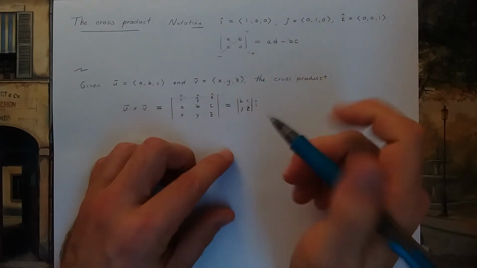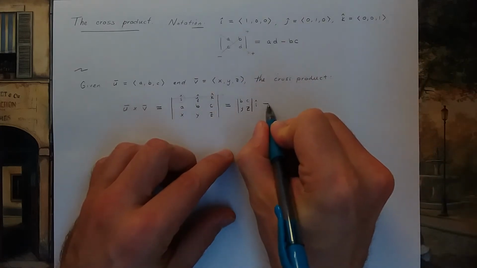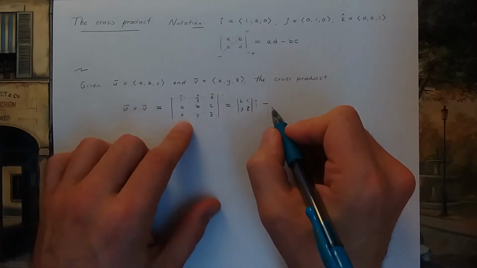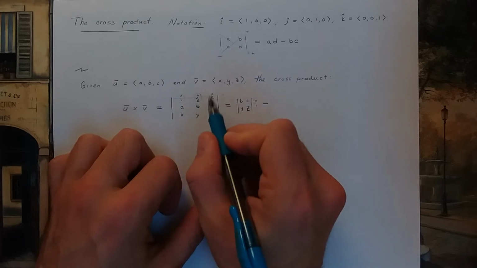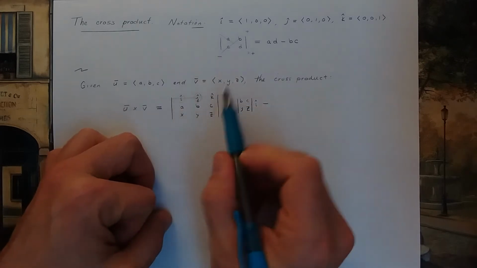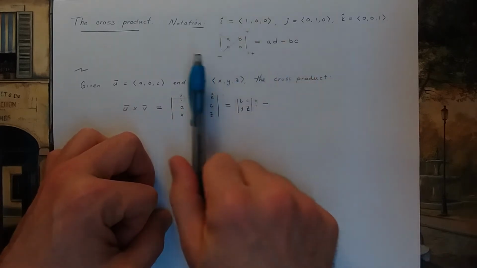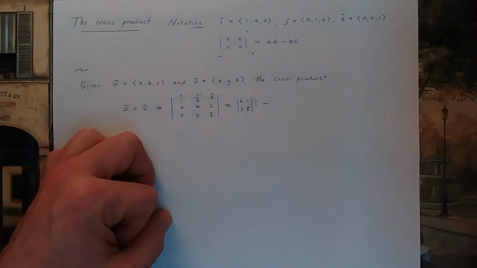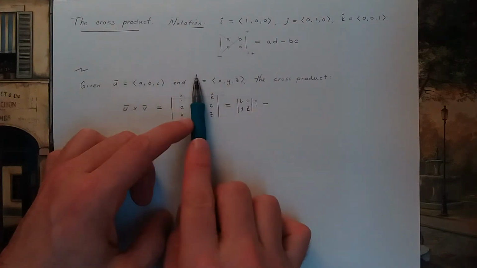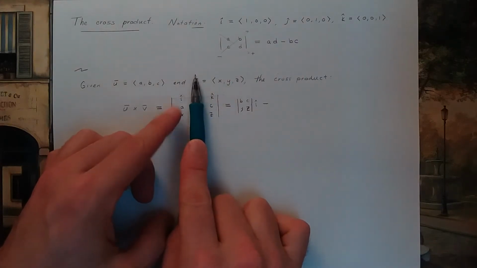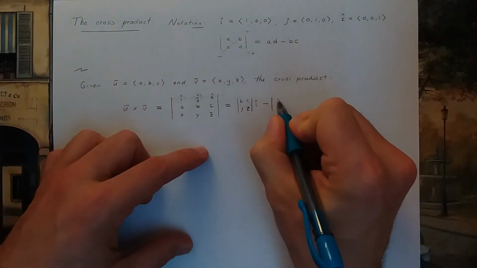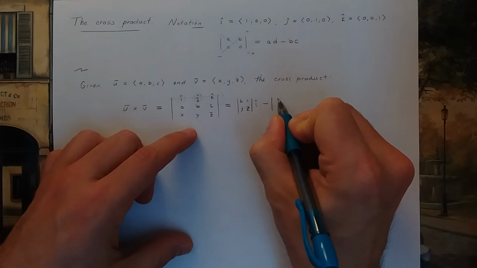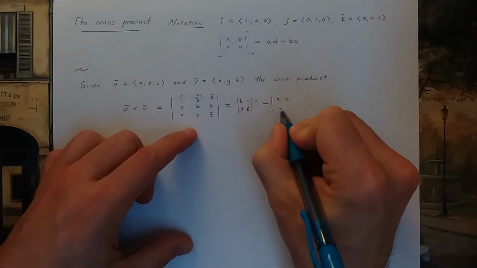Next, I'm going to subtract a similar calculation, but with j hat. So next I'm going to look at j hat. I'm going to cross off the row and the column that contains j hat. If I cross off that row and that column, I'm left with a, c, x, z. So I'm going to write that as a 2 by 2 determinant, a, c, x, z.